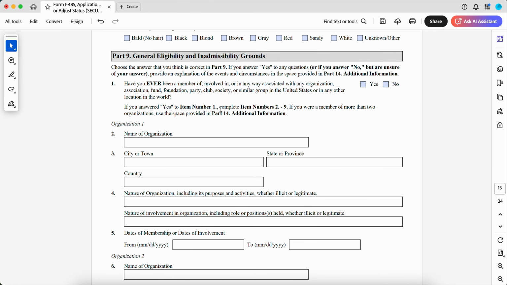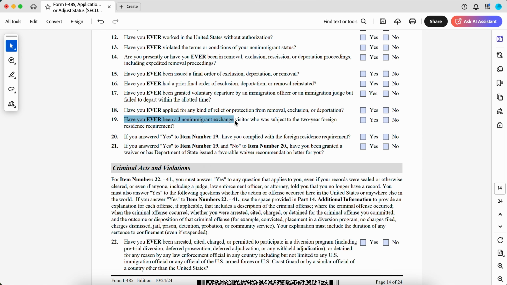You guys have to answer them yourself. But right here, for example, exchange visitor means a student in the US. And if you write yes here, you have to comply with the foreign residence requirement. And if you answered yes, you have to provide additional documents with certified translations.